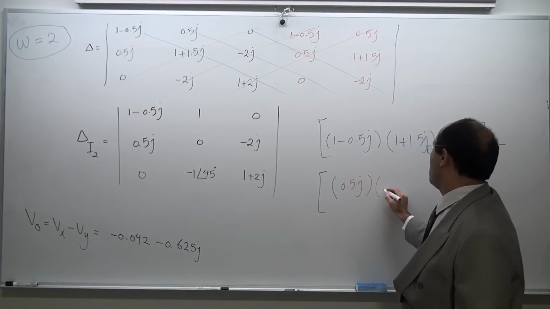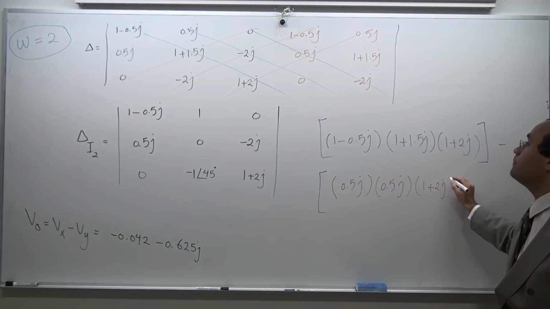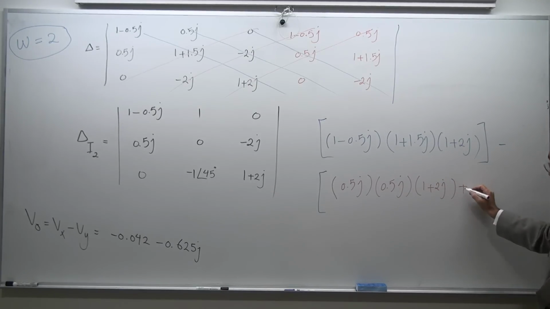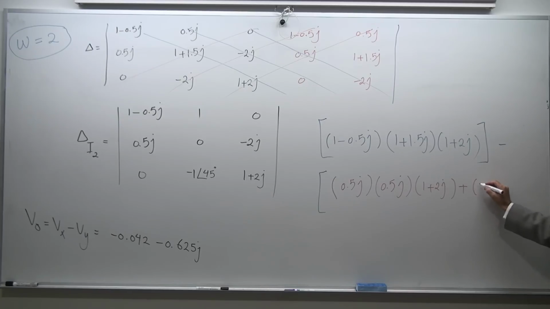0.5j, 0.5j, 1 plus 2j, and then I'm summing up. I have a minus sign behind the entire bracket. It's 1 minus 0.5j, minus 2j, and I just don't have a space, multiplied by minus 2j again, and then the entire bracket is closed because the last term is 0.